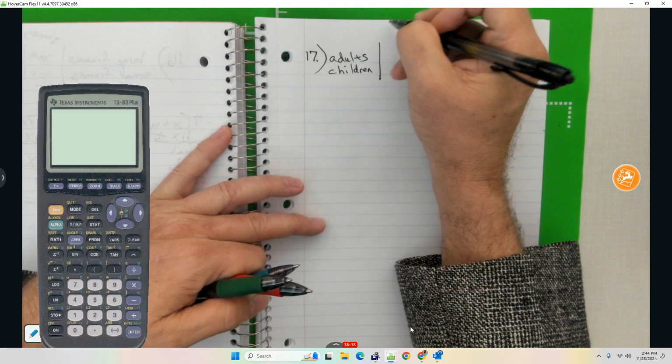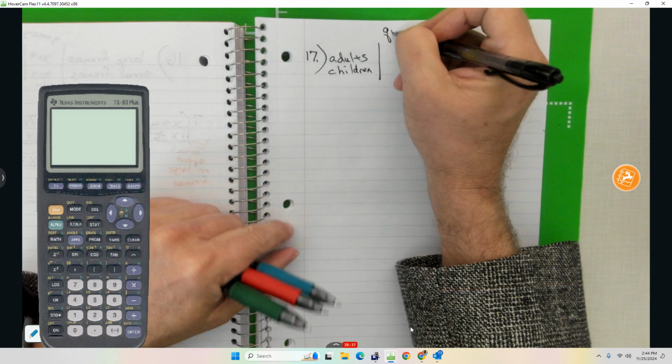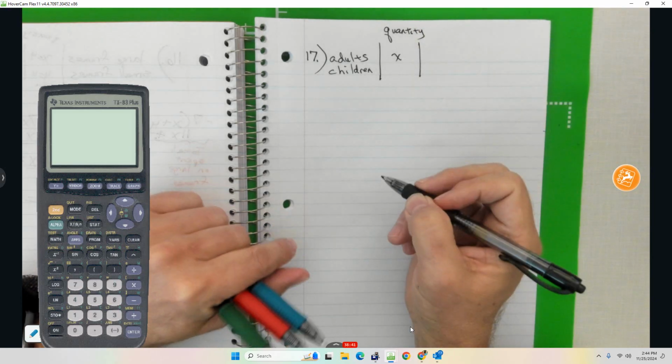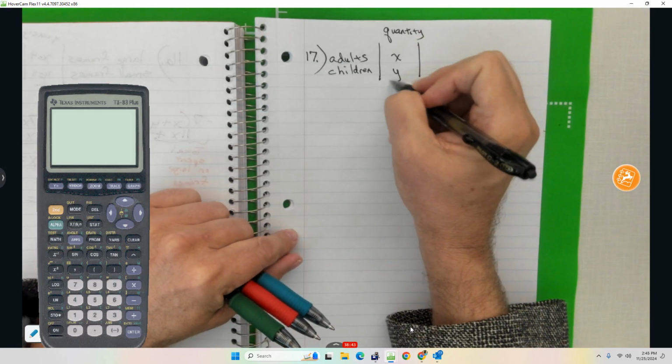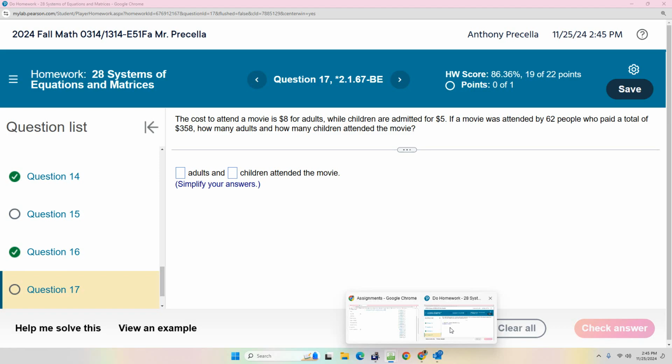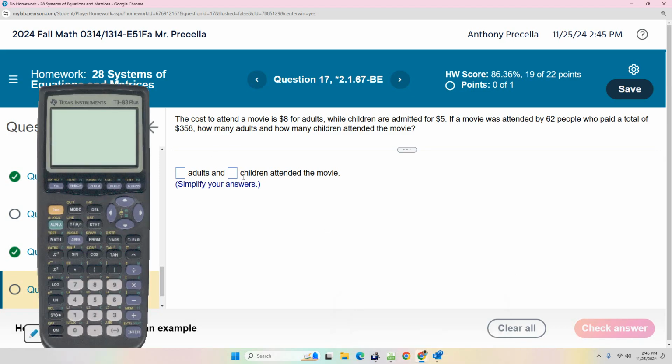And this is the quantity, the number of tickets sold. I'll let X be the number of adult tickets and Y be the number of children tickets sold. On this one, it clearly states right out here the unknowns. It gives it both, adults and children.